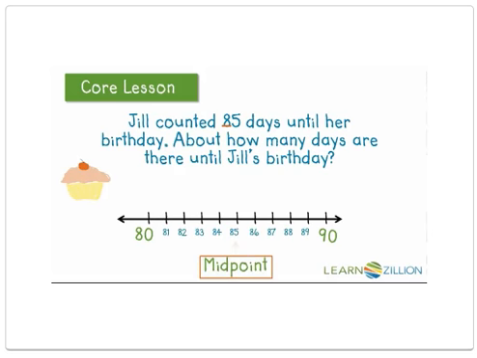And the midpoint, or the point right in the middle, is 85. This number falls exactly at our midpoint. A number that is exactly at the midpoint or above will round up to 90. So if we want to estimate, we could say that there's about 90 days until Jill's birthday.